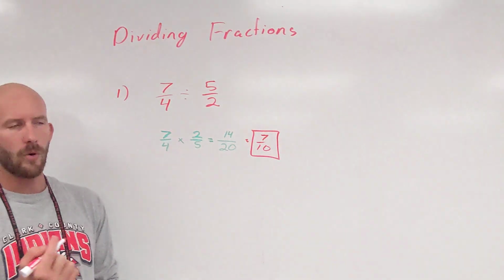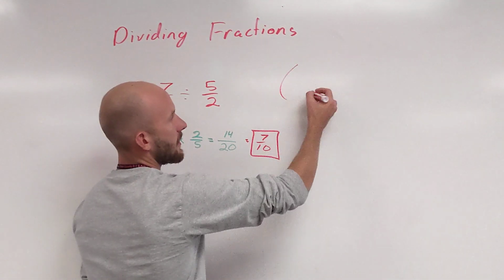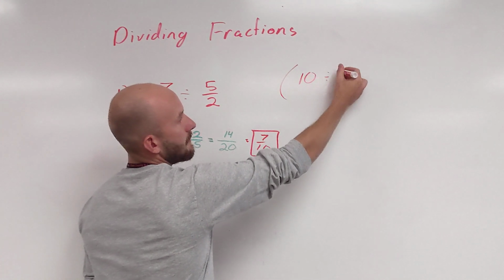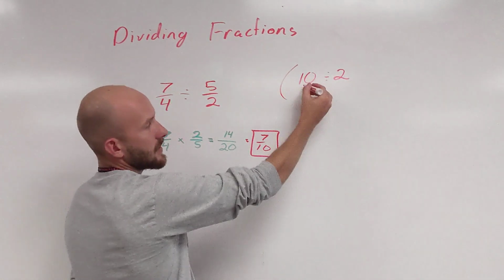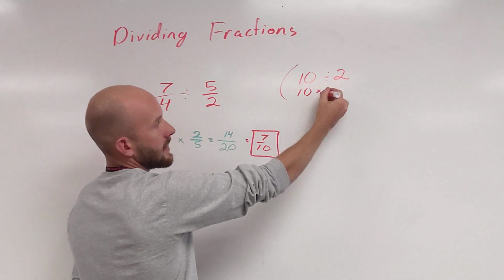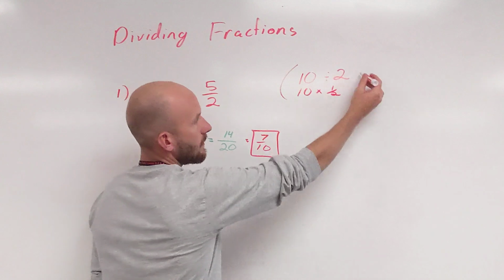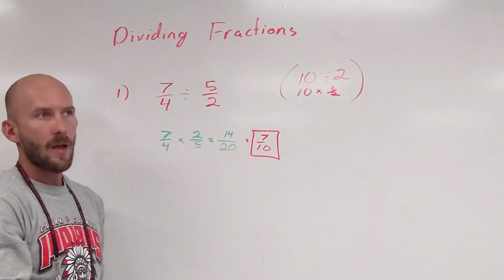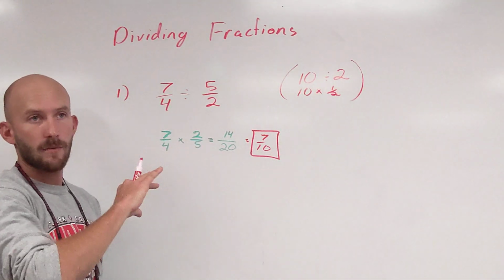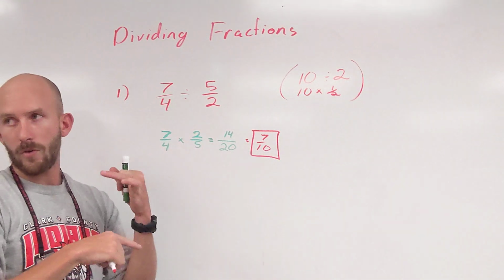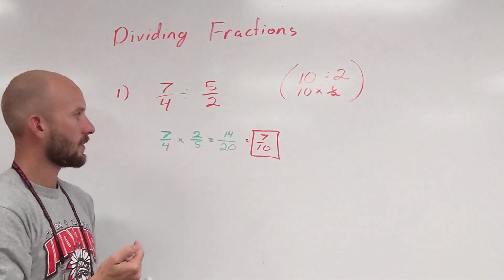If you think about it with whole numbers, and you don't have to write this down, if I said 10 divided by 2, does it make sense that that's the same as 10 times 1/2? Every time, multiplication and division, you can just change it to the reciprocal.